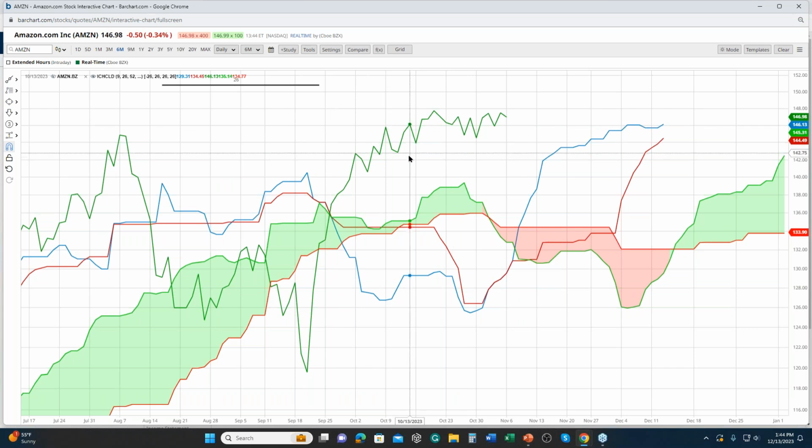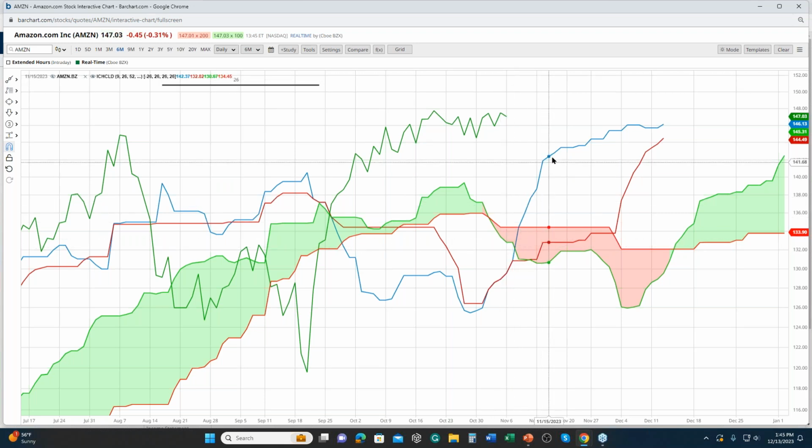My lagging span represents momentum. My momentum is waning, right? It's turning sideways. It looks like I have more clear air to the upside, meaning there's more potential bullish momentum in the market.